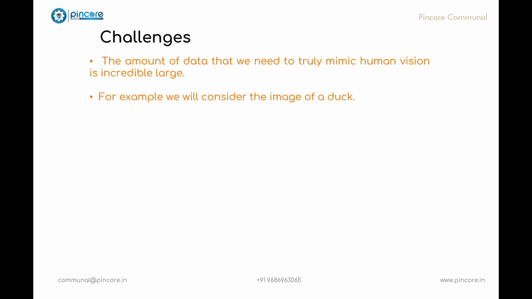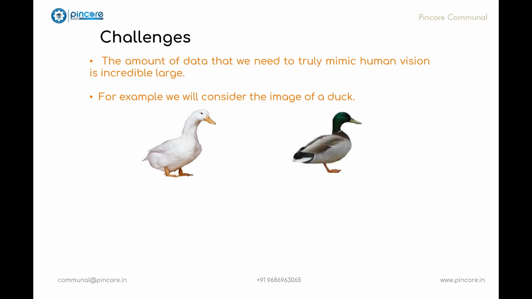For example, let us consider the image of a duck. Here, if we give only one image with this lighting, color, angle and shape, we can see that it is a duck. But what if any of that feature is changed or the image is rotated, or if we present a different image of a duck, then the algorithm might not understand what it is.